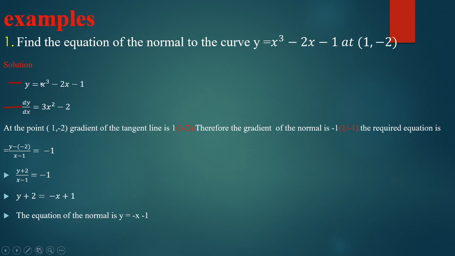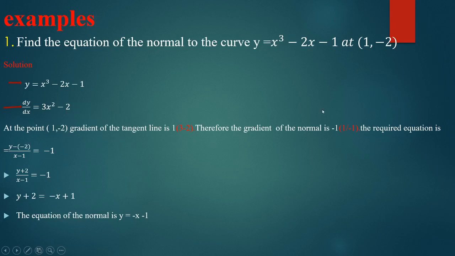The gradient function here becomes dy over dx equals 3x squared minus 2. At the point x equals 1, we substitute with 1, it will be 1 squared times 3, which is 3, minus 2 is 1. That is, the gradient of the tangent line is 1, from 3 minus 2, which gives you 1.